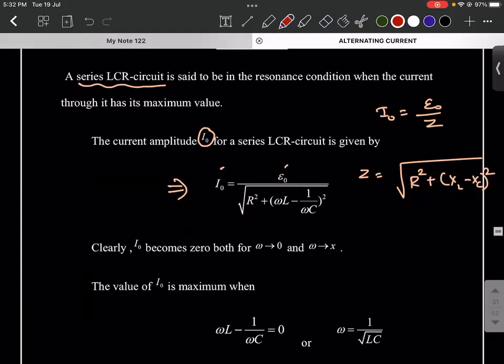So it is XL minus XC the whole square, right? So XL is equal to what? Omega L, and XC will be equal to 1 by omega C, right?